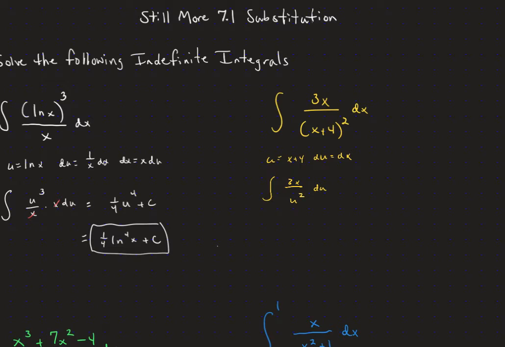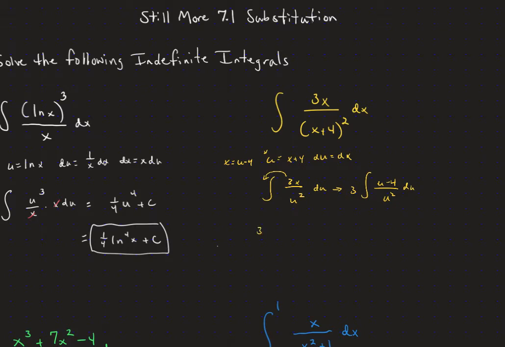So if we come back up to our u, we can say x is going to be u minus 4. That means we can pull this 3 outside the integral and replace that x by u minus 4, all over u squared du.